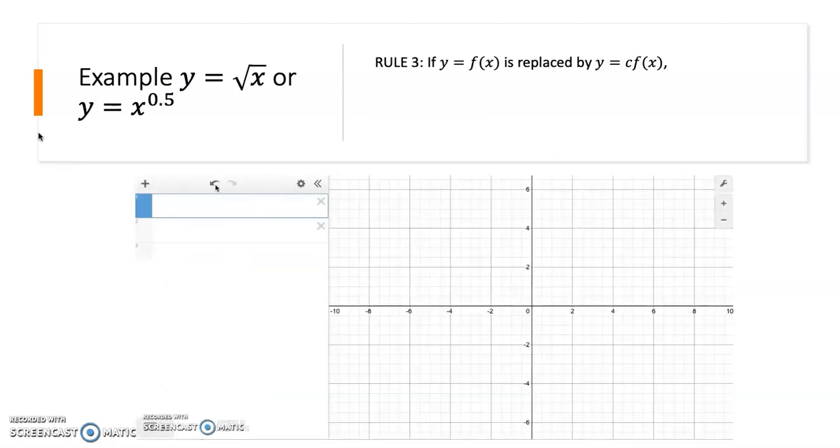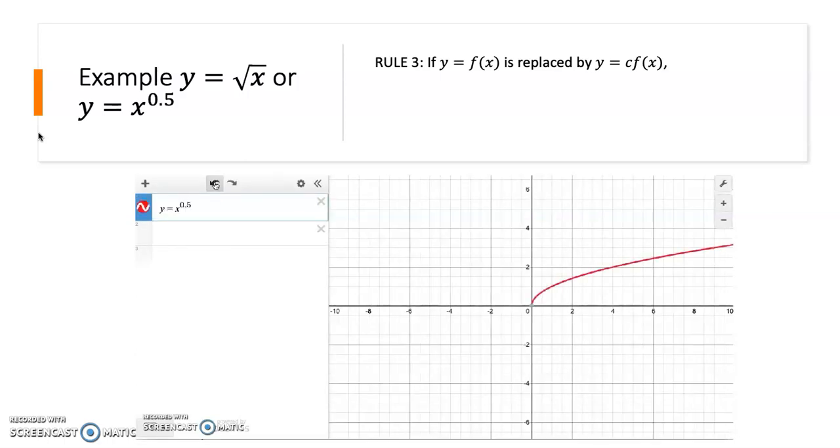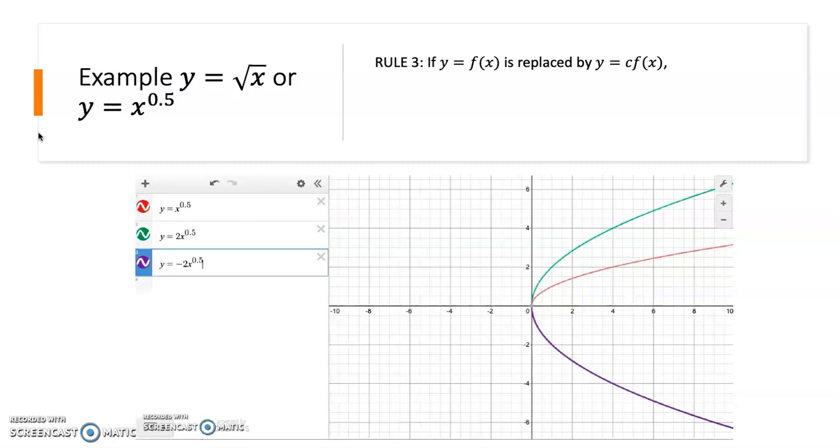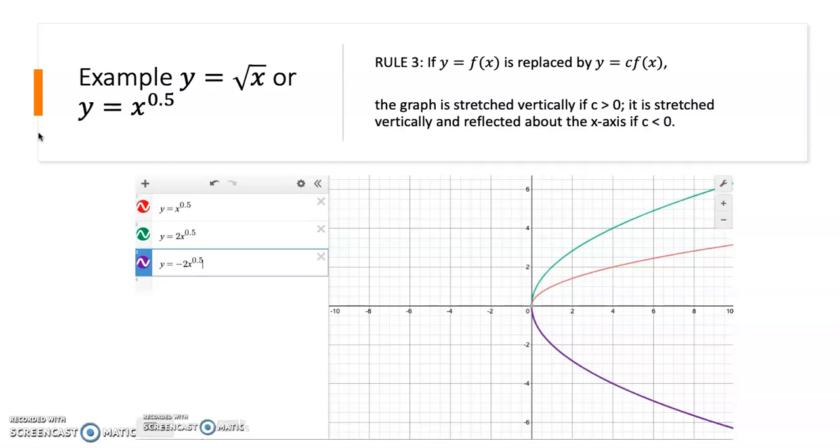Now, what if f(x) is multiplied by a constant? Here f(x) is multiplied by 2 for the green line and multiplied by -2 for the purple line.